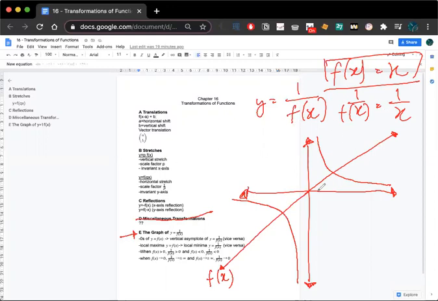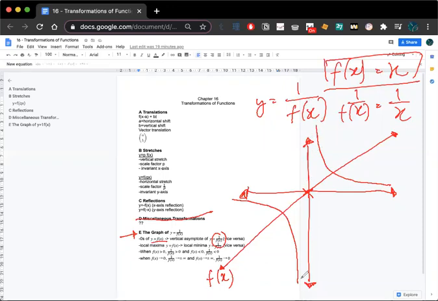Okay. So what's going on in this graph is that if you have f(x), the function of x, as 0, in this case it's this point, then for 1 over f(x), it would be its vertical asymptote.